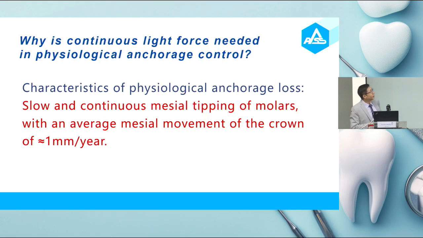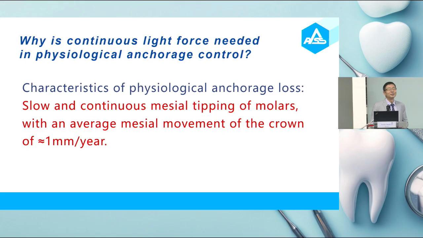Why is continuous light force needed in physiologic anchorage control? Because the characteristic of physiologic anchorage loss is slow and continuous mesial tipping of molars, with an average mesial movement of the crown of about 1 millimeter per year. Now, how many millimeters per month?